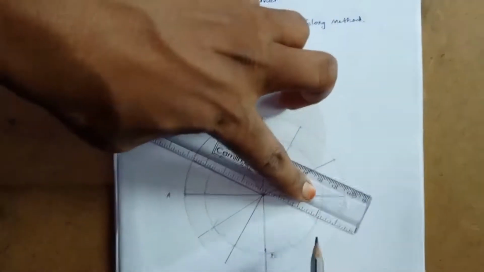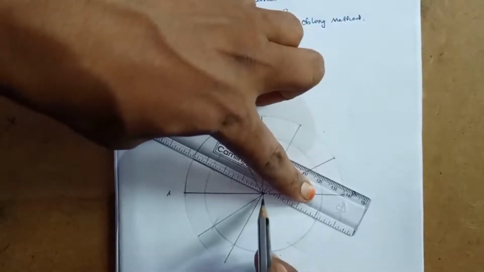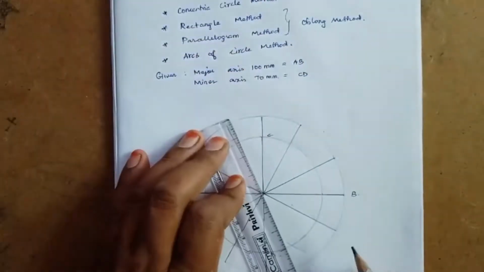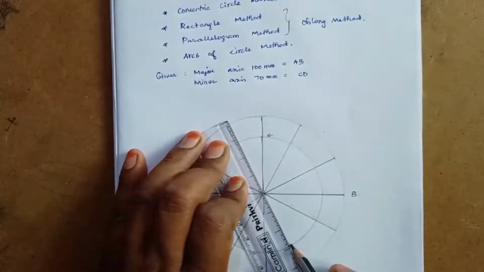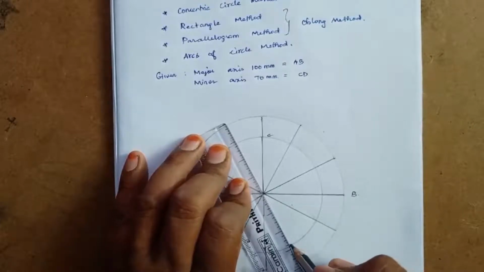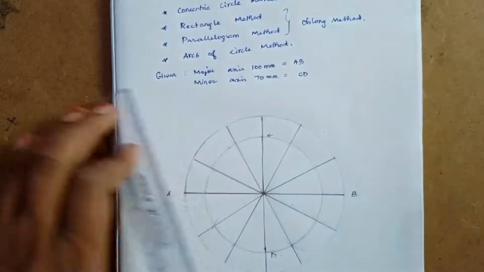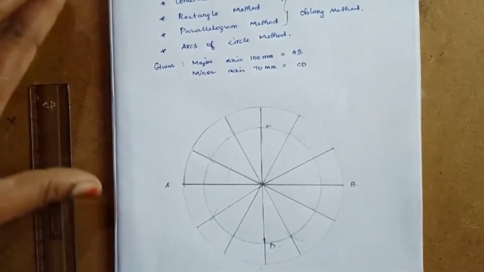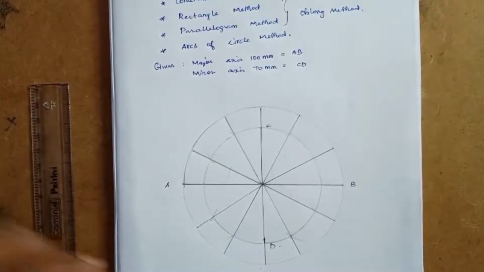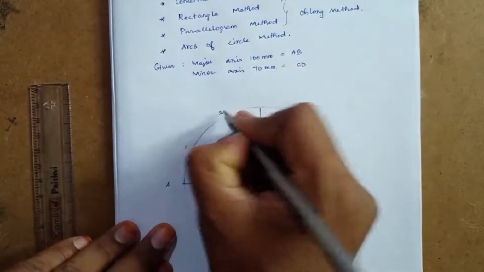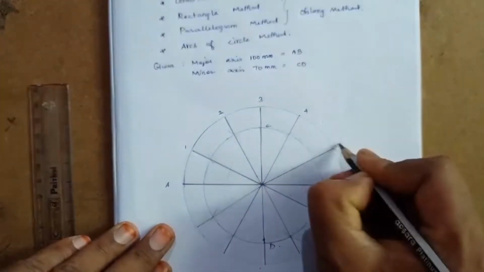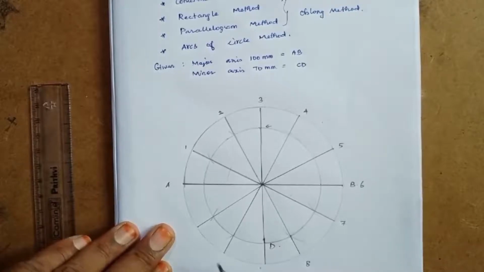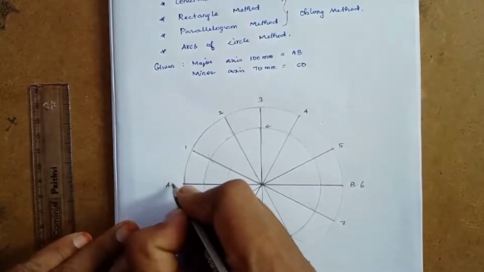Now you can see that it has been divided into 12 equal parts, both the minor circle as well as the major circle. Name these 1, 2, 3, 4, 5, 6, 7, 8, 9, 10, 11, 12.